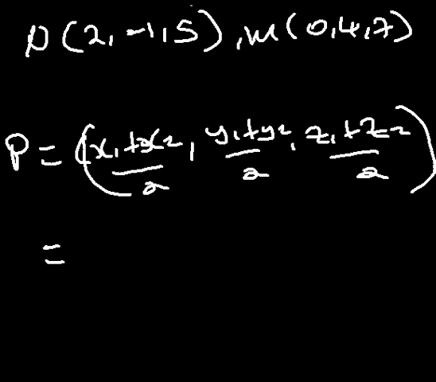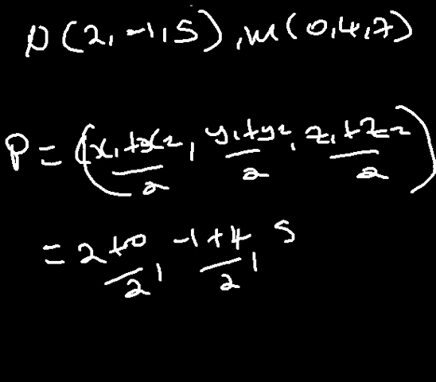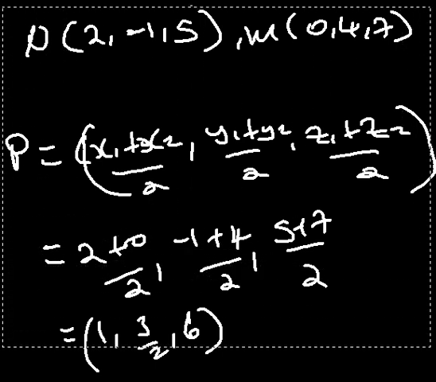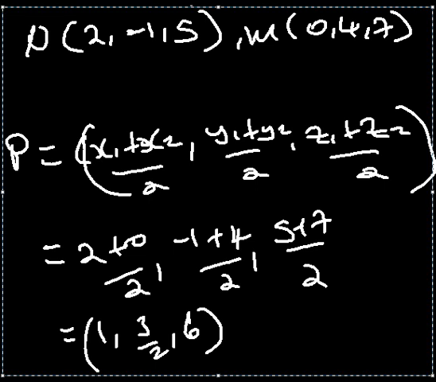So we'll have 2 plus 0 over 2, comma -1 plus 4 over 2, comma 5 plus 7 over 2. That will be given as 1, comma 3 over 2, comma 6. So that is how you have to understand the midpoint of a line in a space.